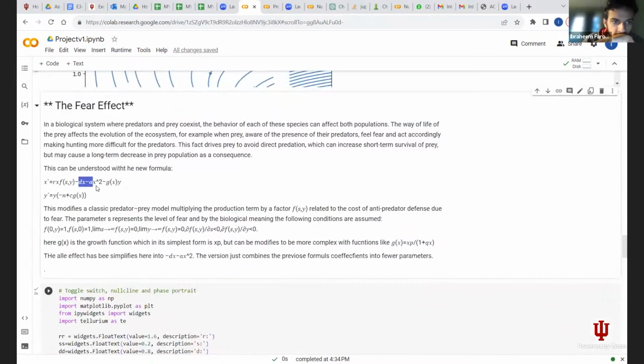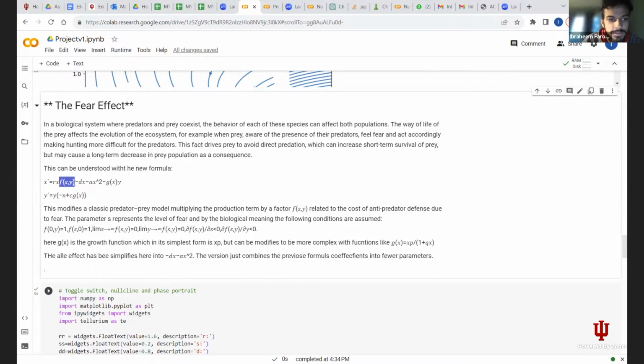If you combine all the parameters and multiply the whole Allee effect out, you get something with just a simplified parameter A and a simplified parameter D. These two components are what we started with, the initial Lotka-Volterra model.